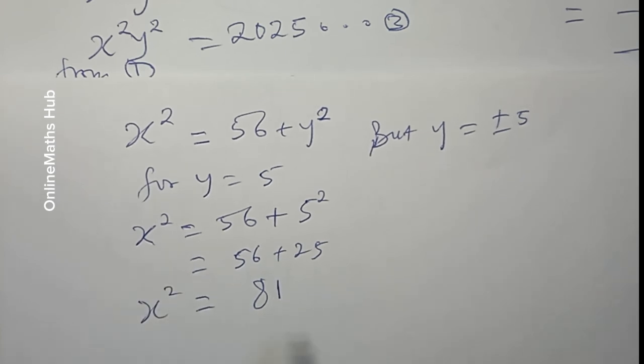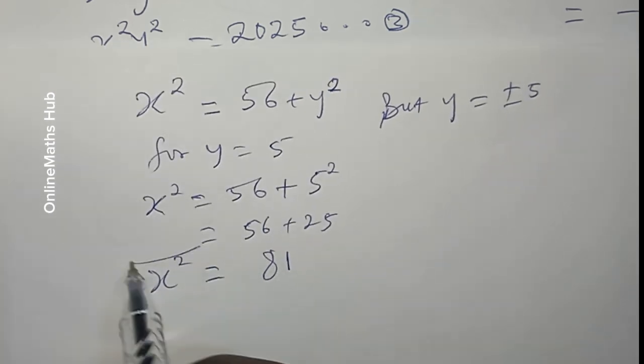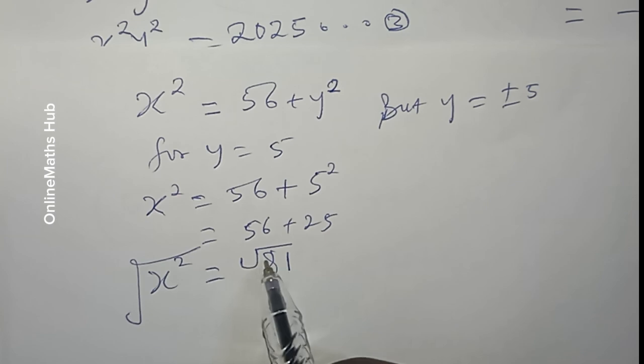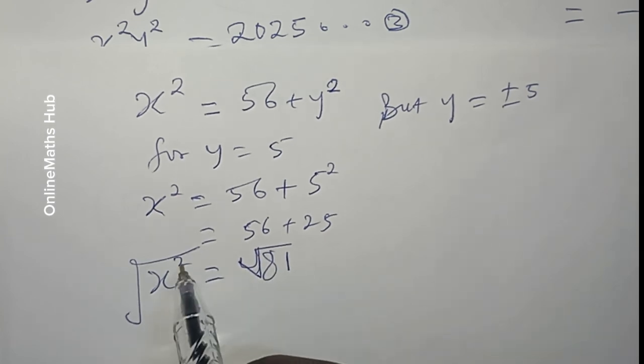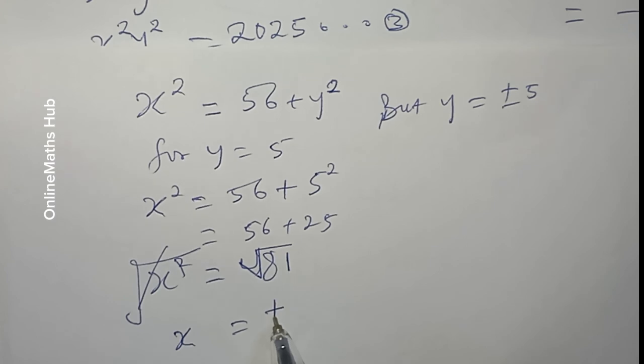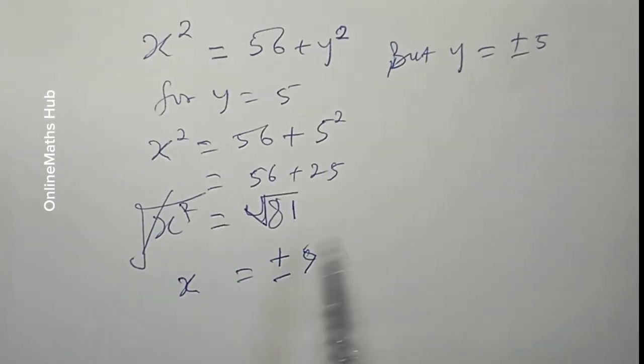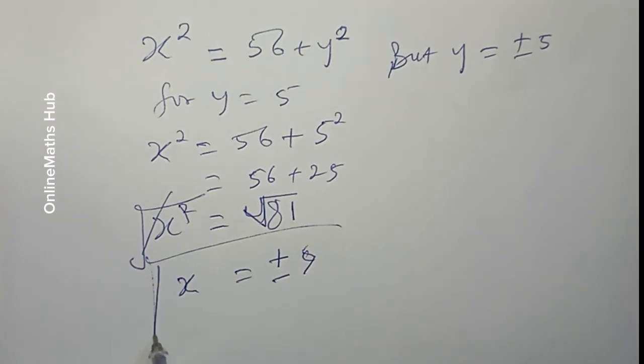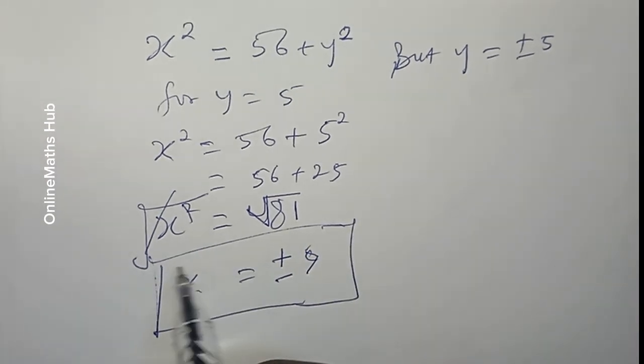So x squared is equal to 81. Then if we take the square root of both sides so that we can remove this, x is now equal to positive or negative 9. Okay, so these are going to be the values of x that are actually going to satisfy this.